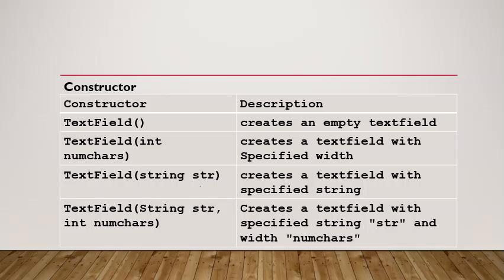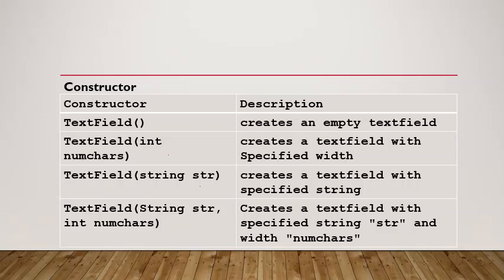Then another one: instead of a string you can have an integer parameter. That indicates the size of the text field, meaning how much width you require for your text field. And the last one, you can have both: the string initialization as well as the size. So you can create it both ways.